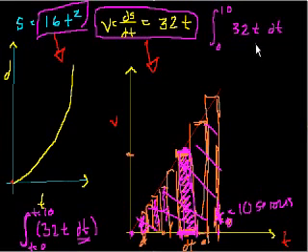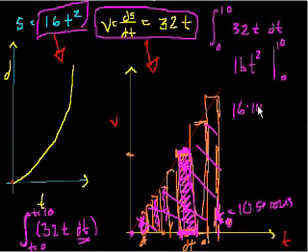And the way you evaluate this is you figure out the antiderivative, and you really don't have to do the plus c here. So the antiderivative we know is 16t squared. It's 1/2 t squared times 32, so that's 16t squared. We evaluate this at 10, and we evaluate it at 0, and then we subtract the difference. So at 10, 16 times 100.